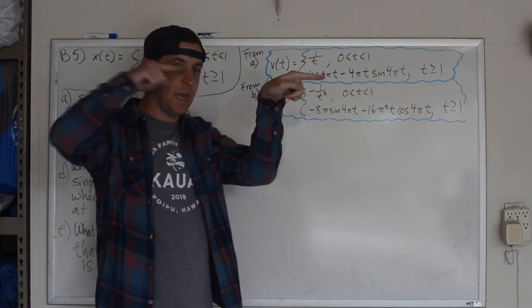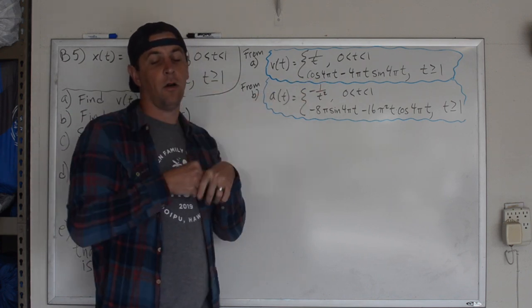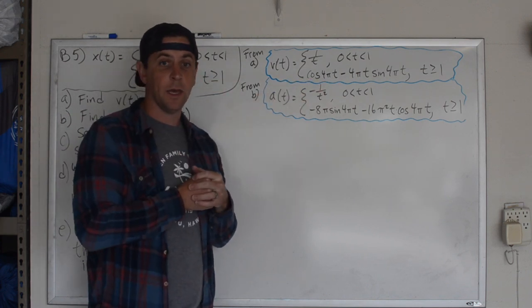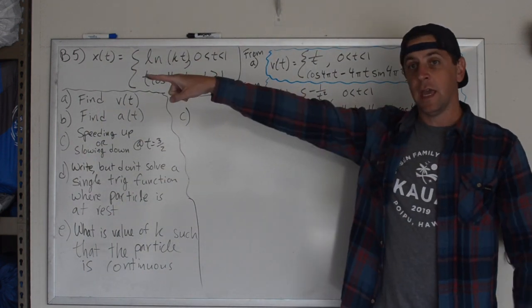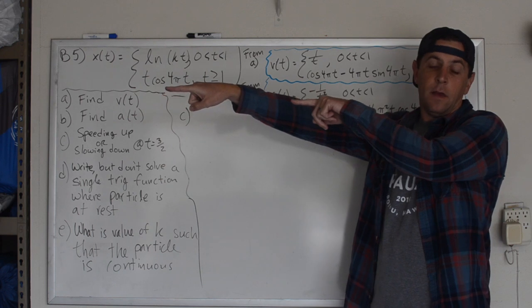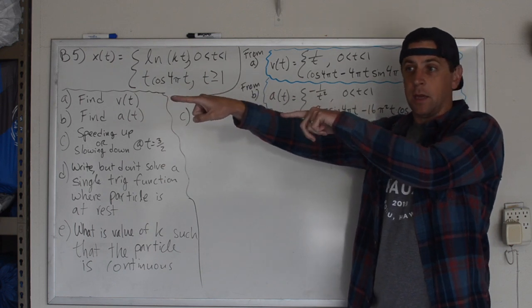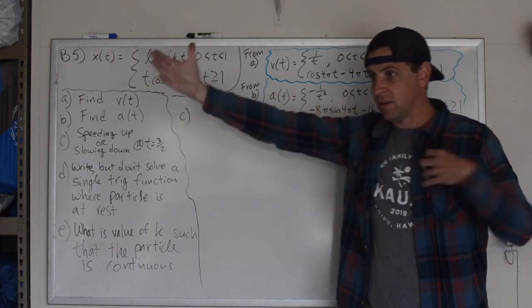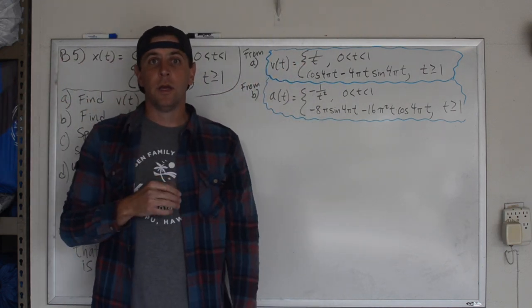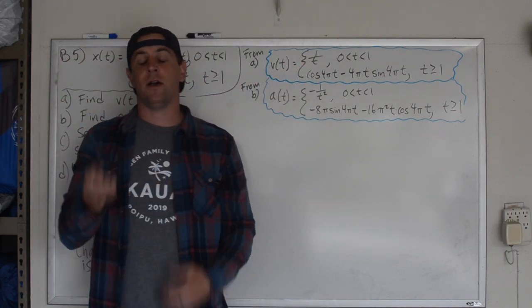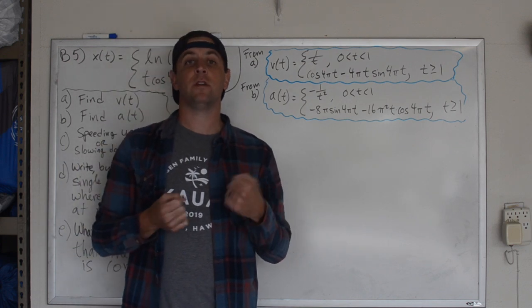So if velocity and acceleration are going this way, or they're both positive, we're speeding up. Also, if velocity is negative and acceleration is negative, then I'm also speeding up because my velocity is this way and my acceleration is pushing me this way. However, I'm slowing down if my velocity and acceleration have different signs.